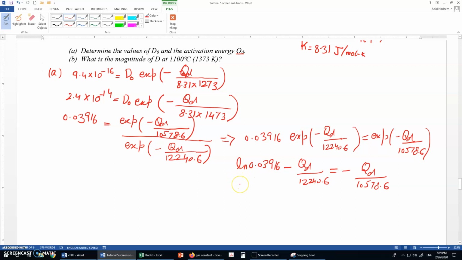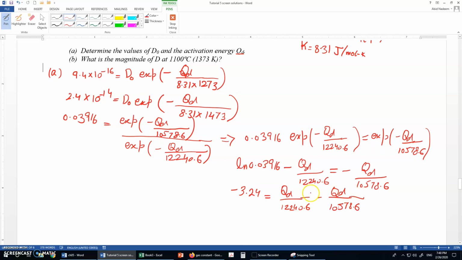So we can further simplify this equation. Log 0.03916 will be minus 3.24, and then I can take this value over there, and then it will become plus QD over 12,240.6 minus QD over 10,578.6.